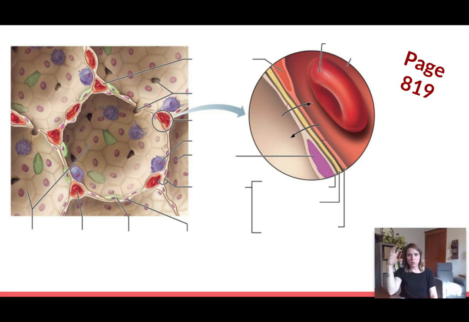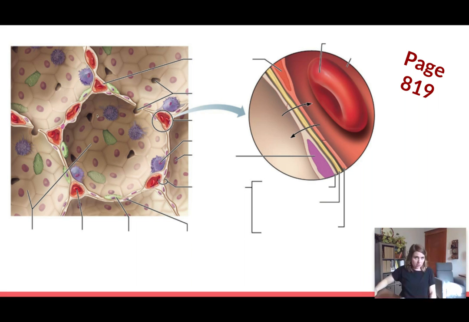So first of all, we are looking at the sacs of the lungs, those alveoli. So that's what each of these are. This is the internal view of those sacs. I want you to notice here what type of cell tissue we are looking at. If we have this top view of the cells, like we do right here and here and here, they kind of look like little pancakes or discs.